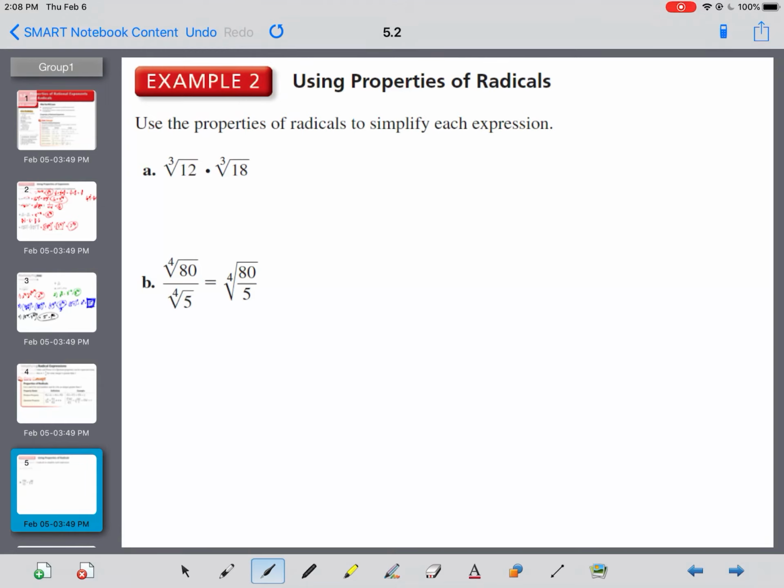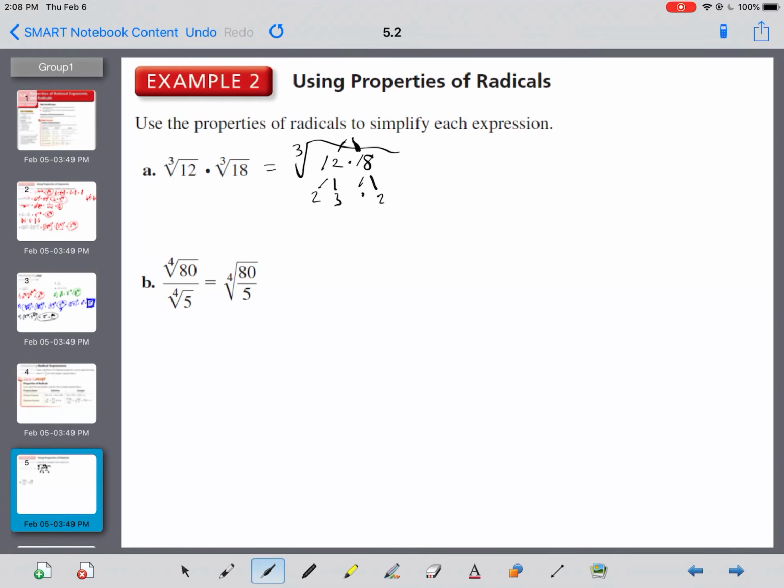So, we've got 12 times 18, and we're doing 3rd roots. 12 doesn't have a 3rd root, 18 doesn't have a 3rd root, but if we do the 3rd root of 12 times 18, now you can multiply it together and figure out what 12 times 18 is, but you're going to break it right apart anyway. So just imagine you already did your factor tree. We're going to break this into 2 and 3.